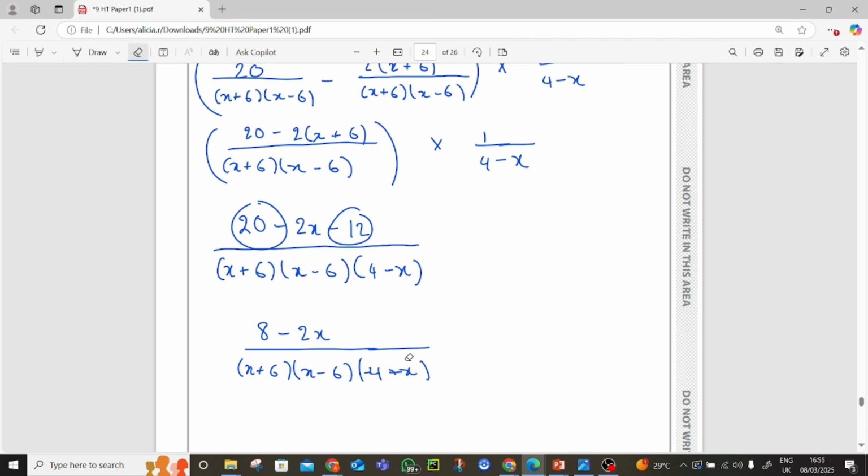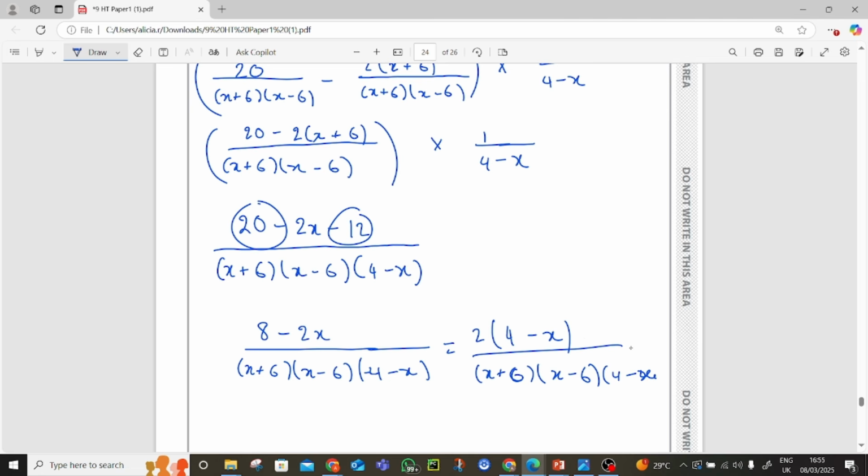And now what we can actually do is factorize this. Do not stop here, because I can see there's a 4 minus x hiding here, since I can factorize 2 out of the top. So let's divide by 2 and we have 4 minus x over (x plus 6)(x minus 6)(4 minus x).